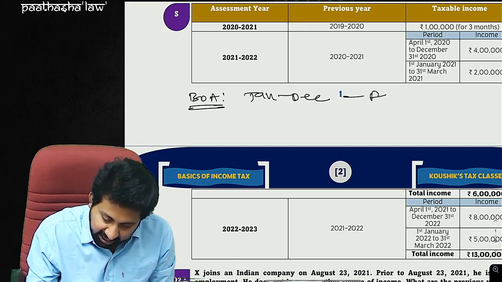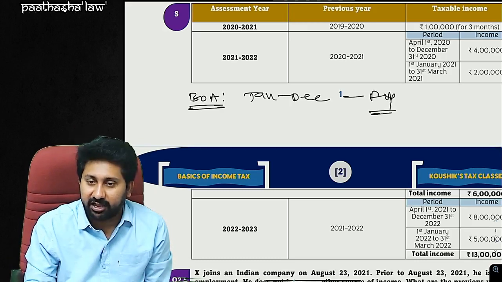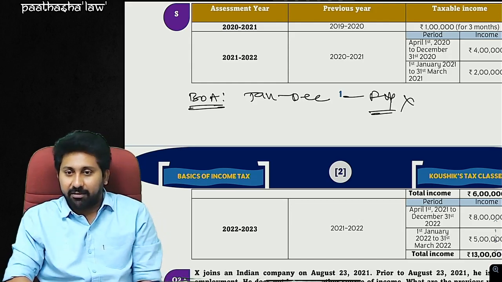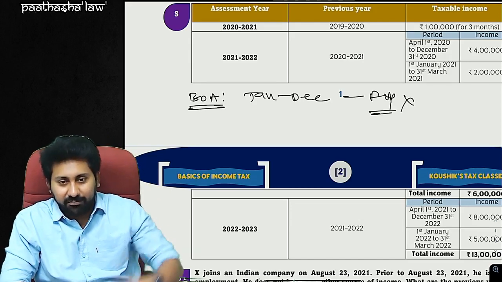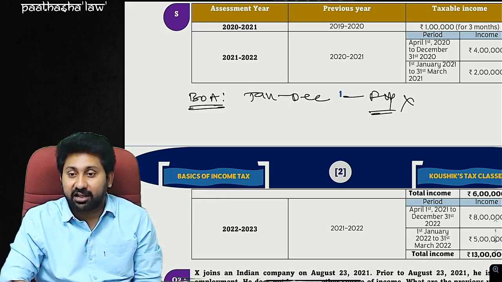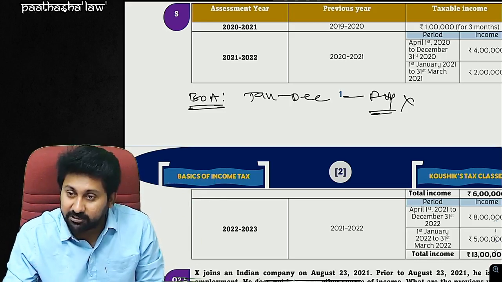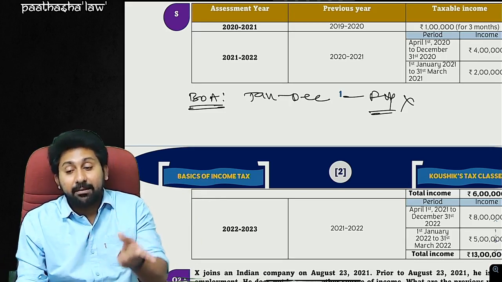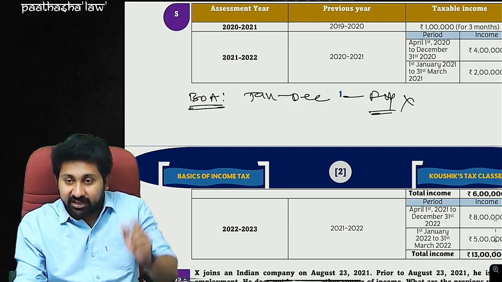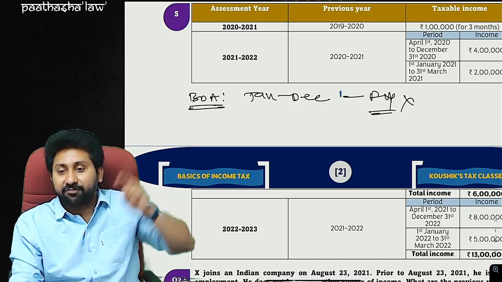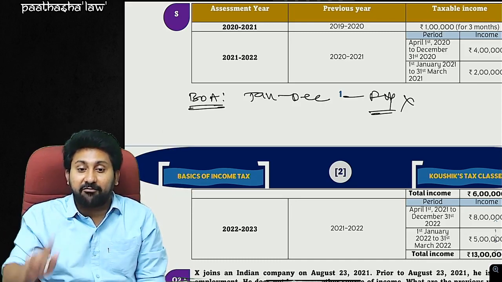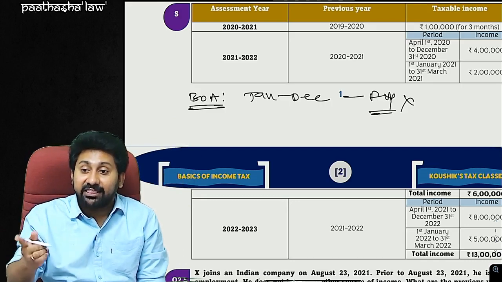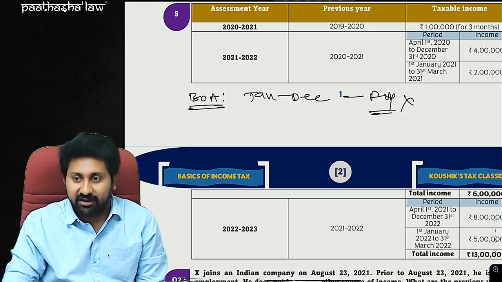Means not a financial year. Possible? Can you maintain books of accounts for other than a financial year? Is it possible or not possible? Clearly it says previous year means a financial year, therefore books of accounts cannot be prepared for any period other than financial year.